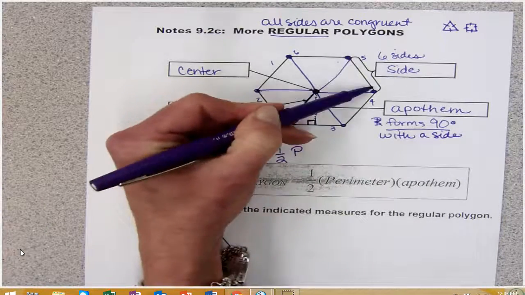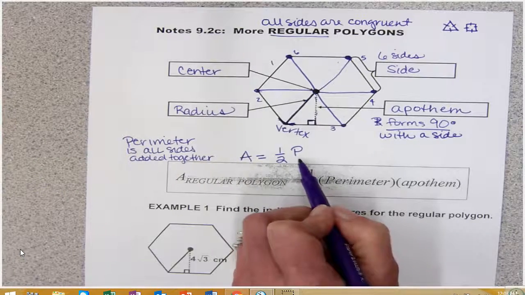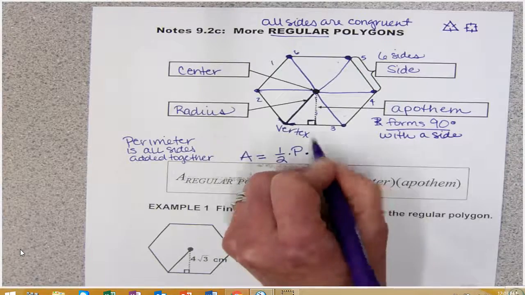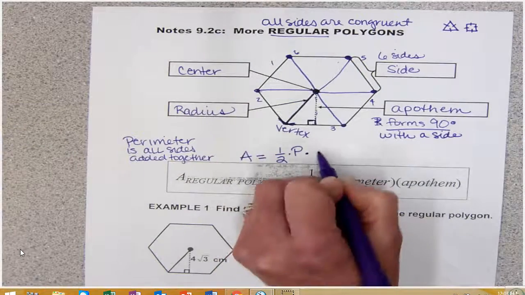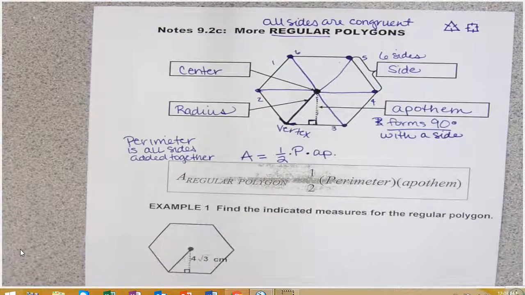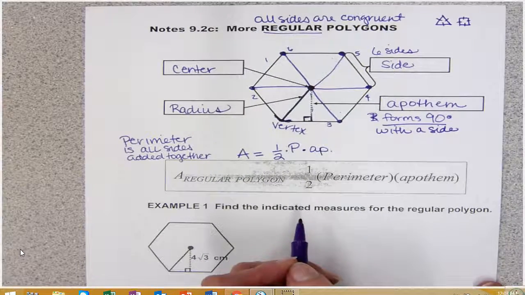So if we took the side length and added all the side lengths together, we would get our perimeter, times the length between the center and the sides, so the apothem. I'm going to use AP for short. As we talked about in class, if you are a good rule follower for these formulas, you will be able to do this no problem.